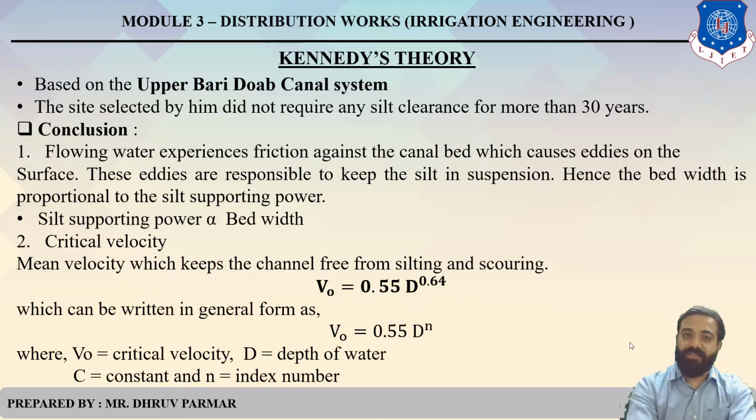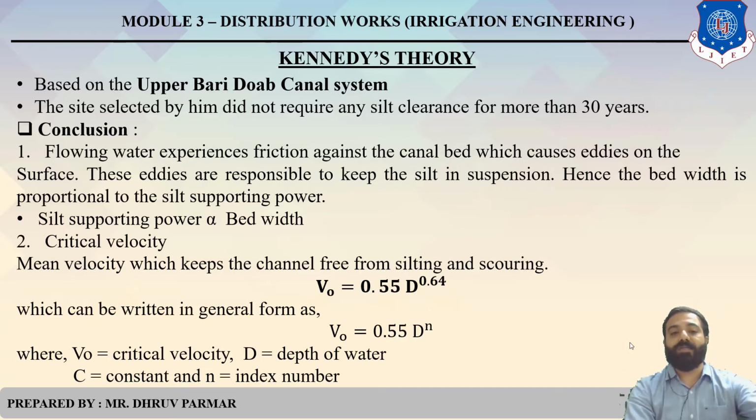These eddies keep the silt in suspension, meaning moving condition. Hence the bed width is proportional to the silt supporting power. Remember, silt supporting power is proportional to bed width.